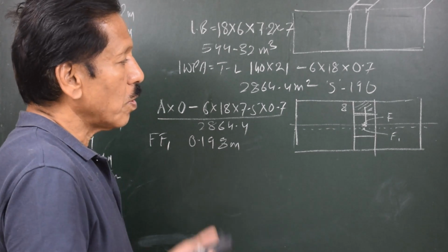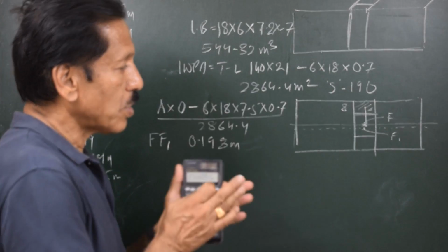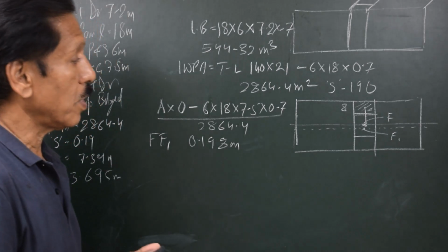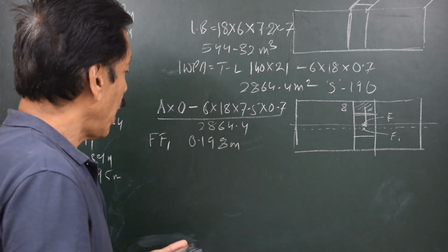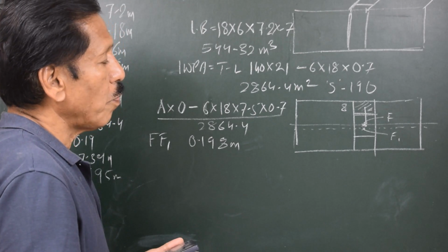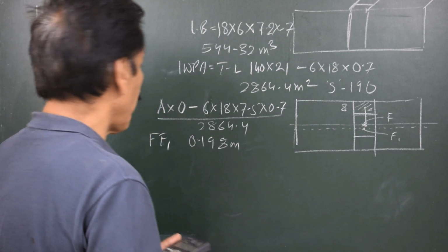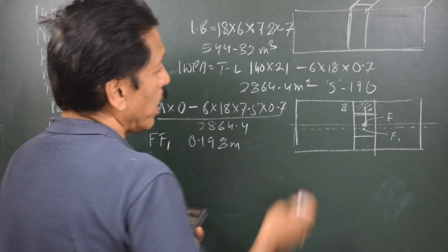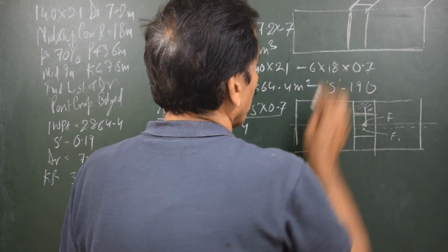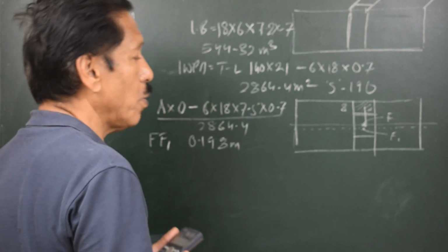So the center of flotation has shifted to the starboard side because the damage is on the port side. After finding FF1, we should also find BB1. But please note that if we look at the construction of the ship, the damage is vertically uniform.